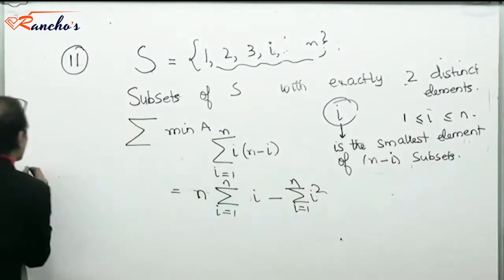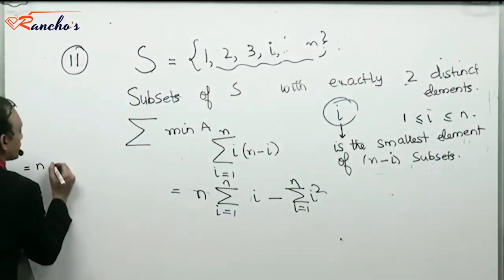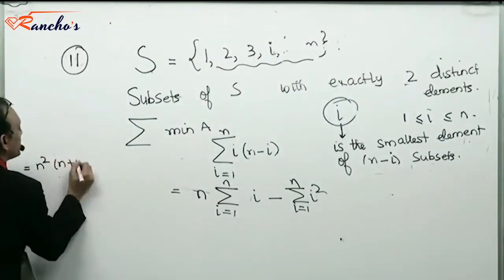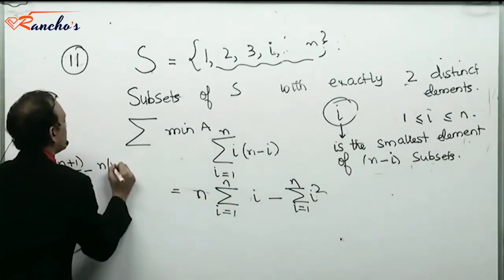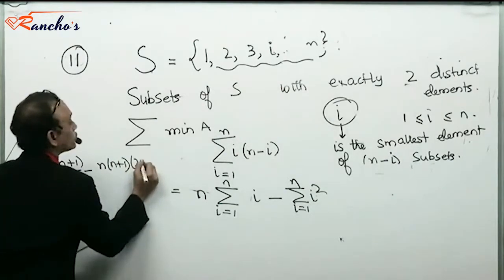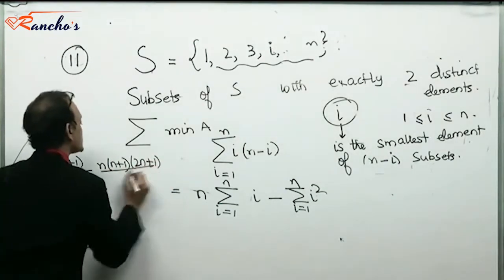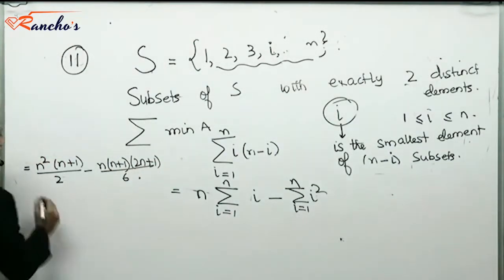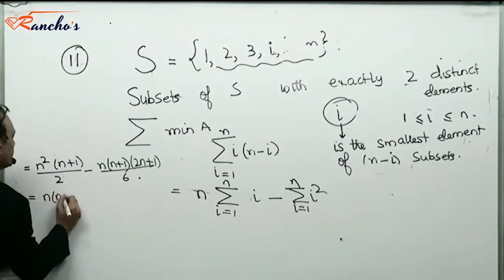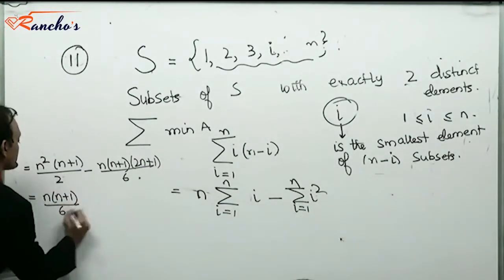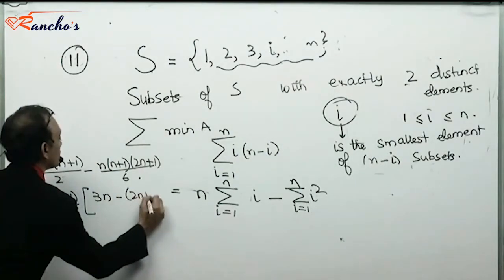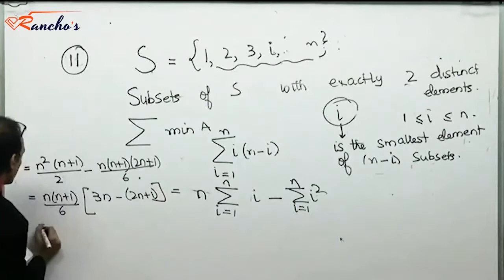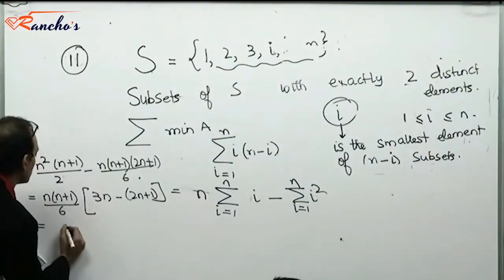So this becomes n into n plus 1 by 2 minus n into n plus 1 into 2n plus 1 by 6, which is n into n plus 1 by 6, into 3 minus 2n plus 1, which is n minus 1.